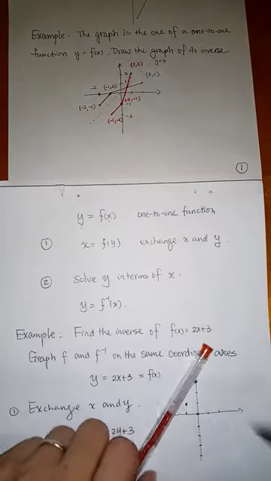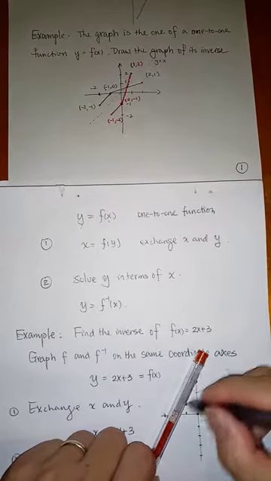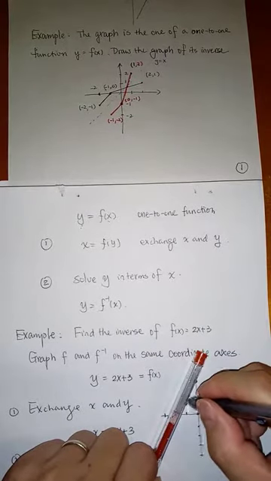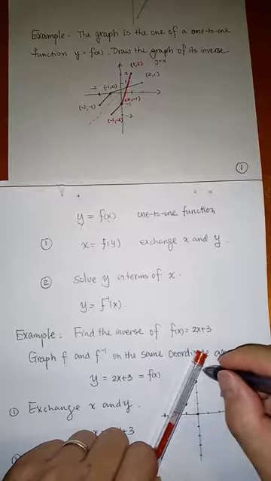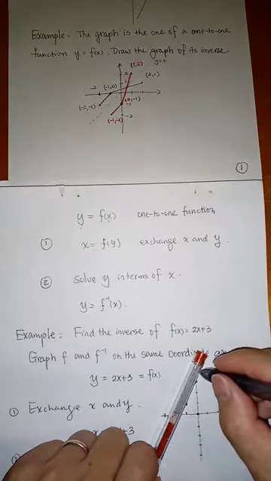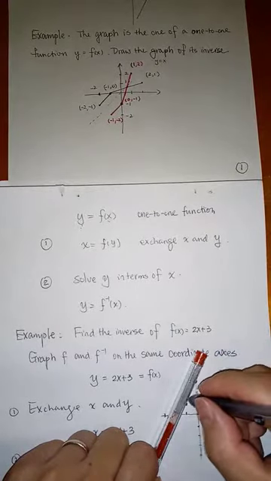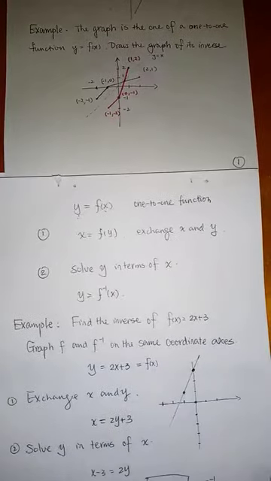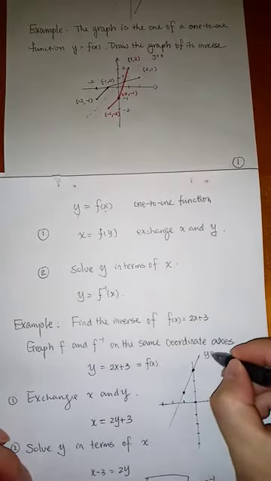So this is the graph, because this is a linear function. A linear function is always a straight line. So this is y equal to f(x).